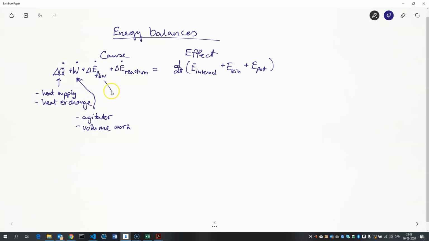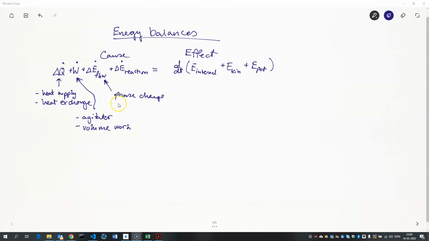Then there's the flow term here. Well, as I said before, if matter flows into the system, the internal energy of that matter flows with it into the system. Also, if there's a phase change going on in the system, that changes the internal energy of the system as well.